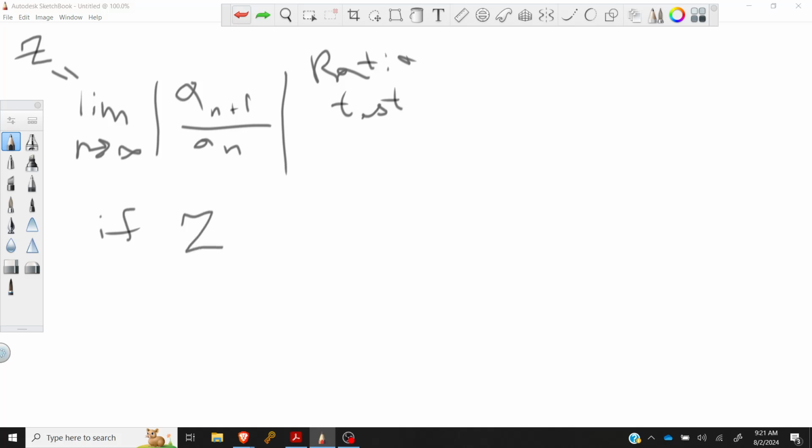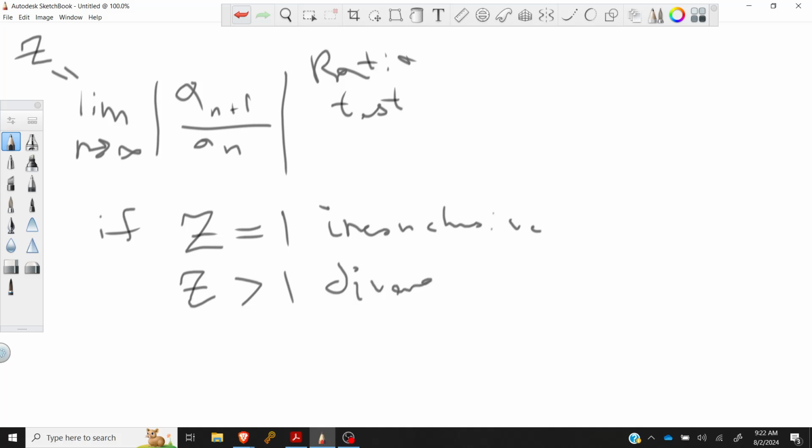If z turns out to be 1 exactly, then the test is inconclusive and it doesn't actually help us. We need to try a different method if it equals 1. If the ratio test results in a number larger than 1, then the series diverges. And if the ratio test results in a number less than 1, then it converges.